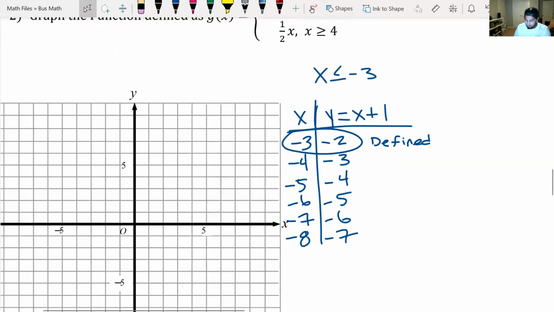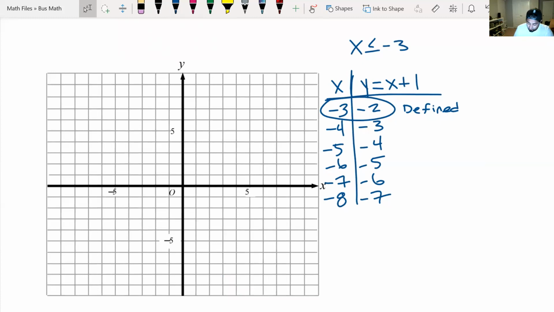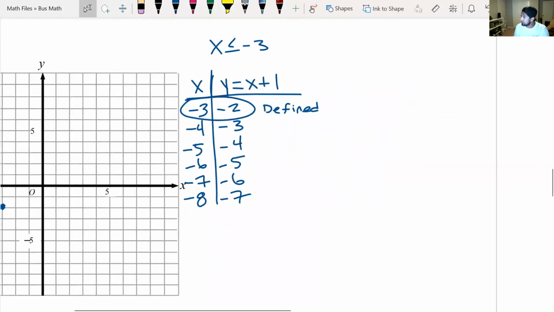Okay, graph -3, -2, right there, and then plot the rest. -4, -3, -5, -4, and down. Okay. And then move on to the next one.